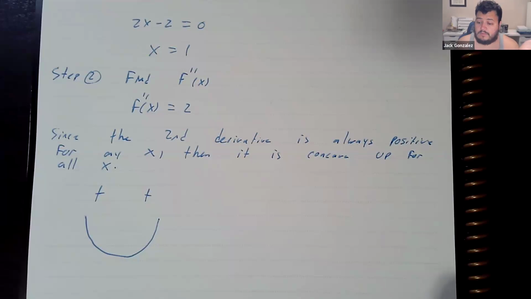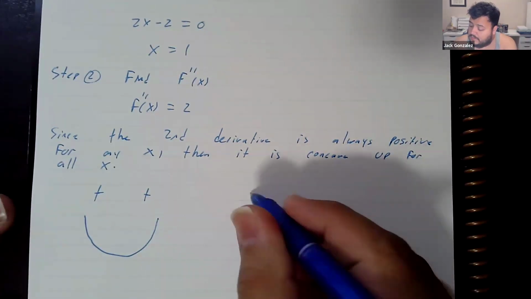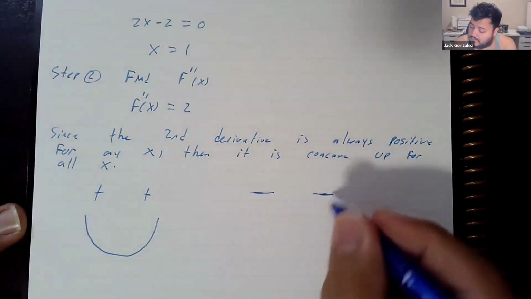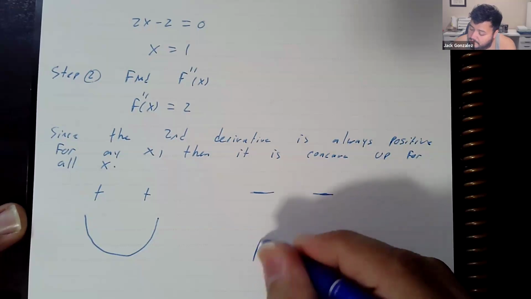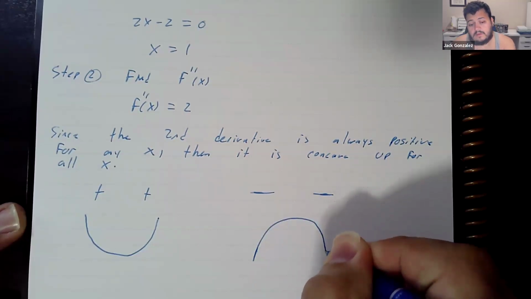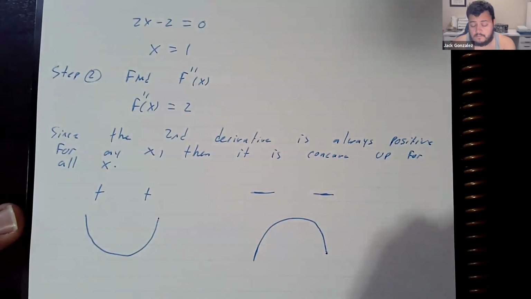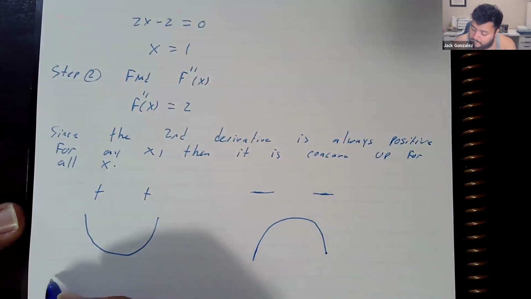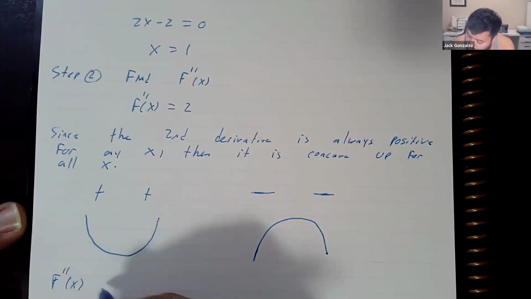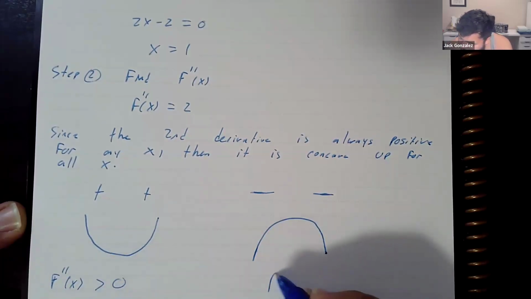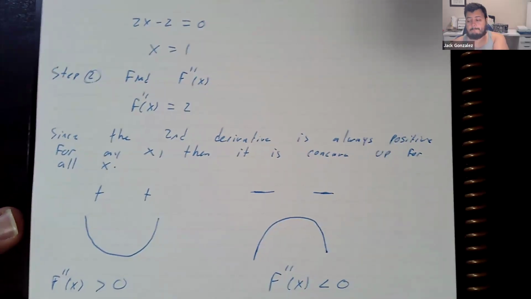Now, if you get a negative sign on the second derivative, you get concave down. Easy way to remember, right?